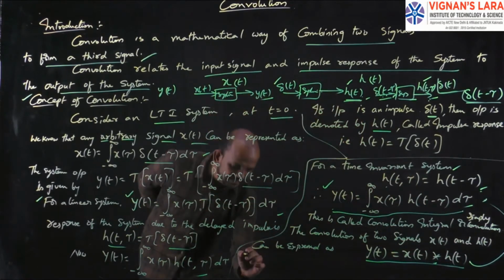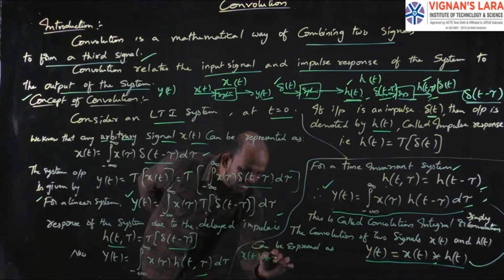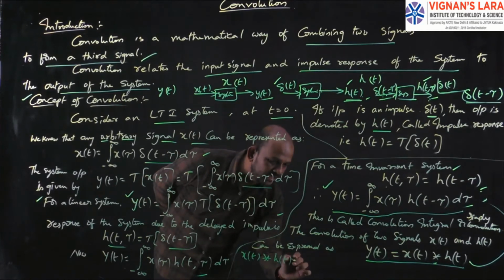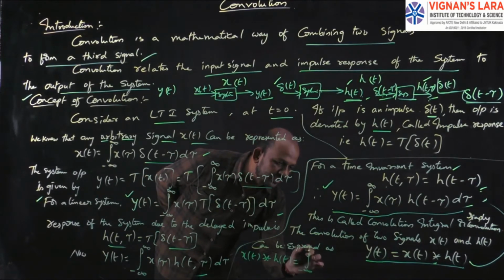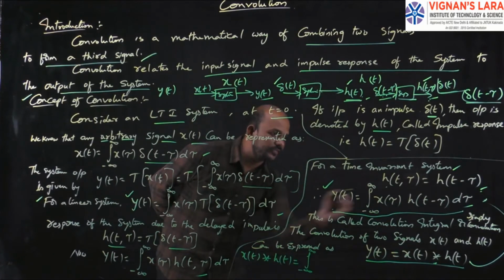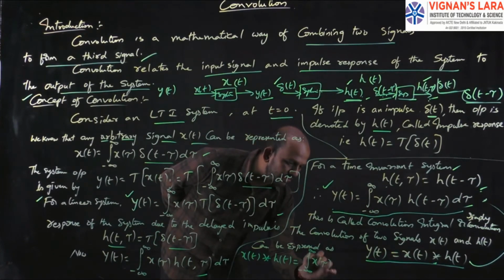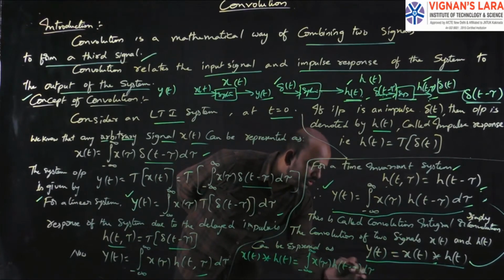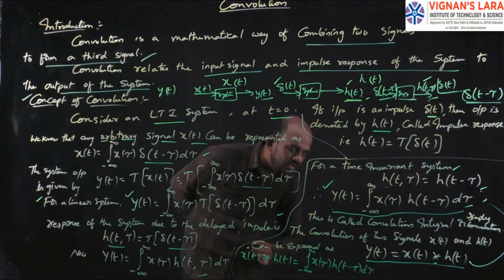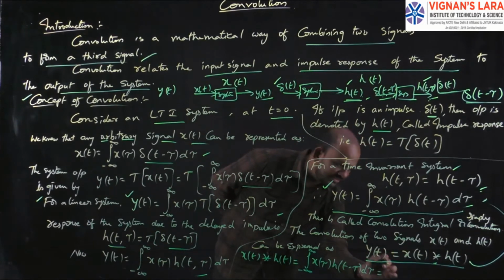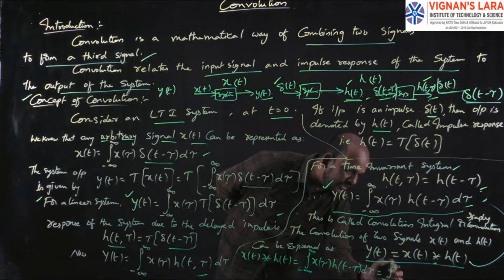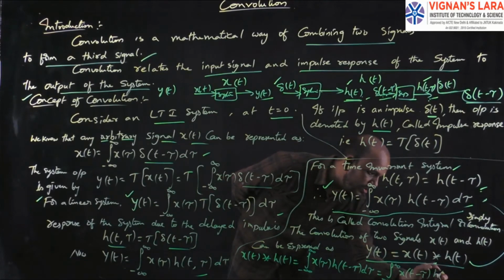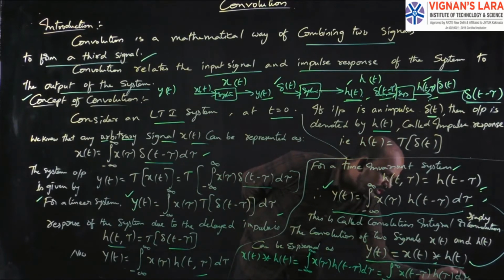Now simply we can write like this. x of t convolution h of t will be equal to integral minus infinity to plus infinity x of tau into h of t minus tau d tau, or that can be written as integral minus infinity to infinity x of t minus tau h of tau d tau.